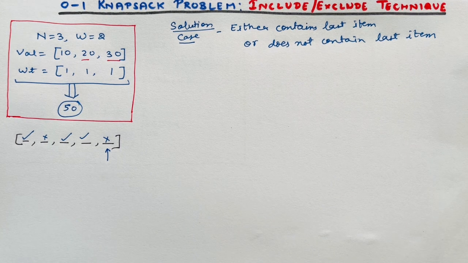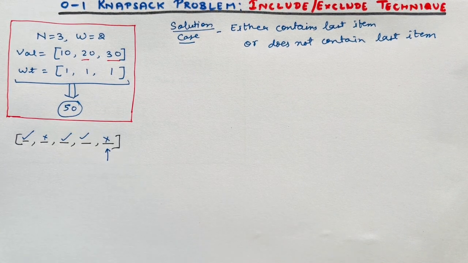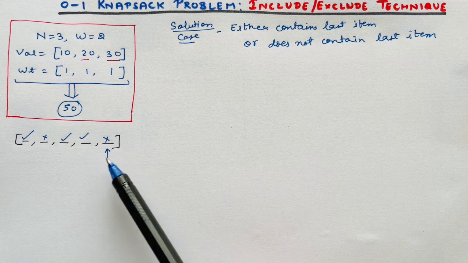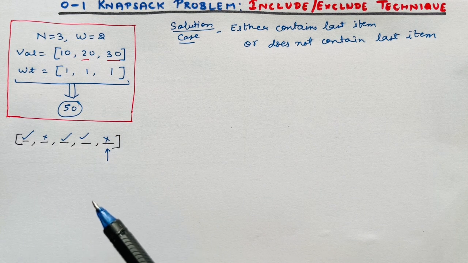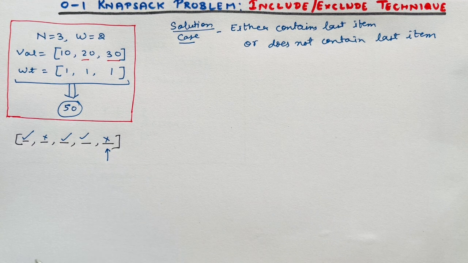From this, we can say that the answer that we are looking for, the maximum value possible, we can derive in the following manner. We calculate the maximum value possible for the case where we include the last item, and we calculate the maximum value possible for the case where we exclude the last item. Now, the maximum of the two will be our answer.